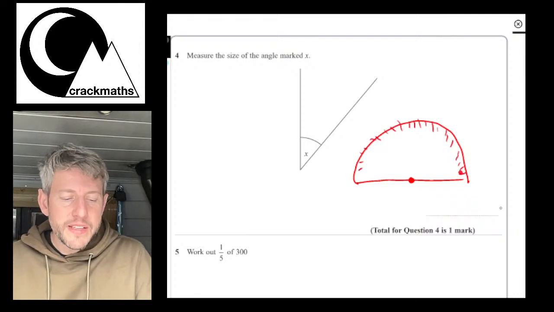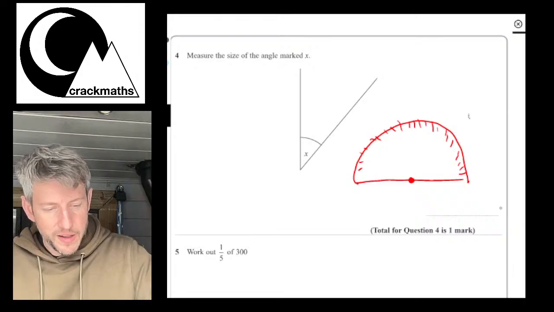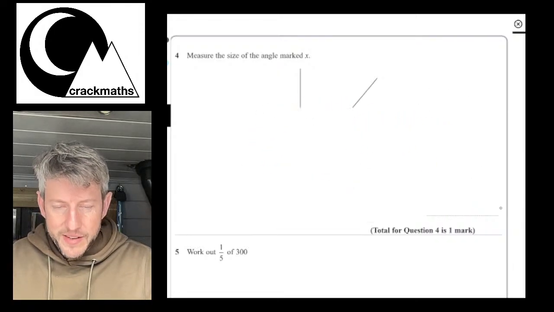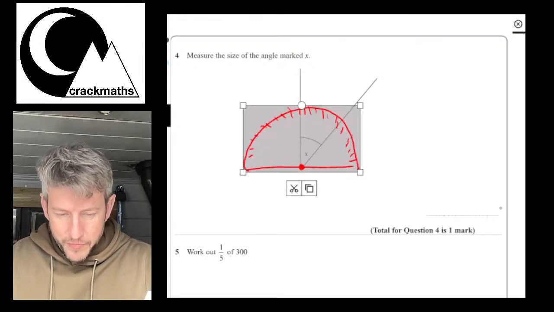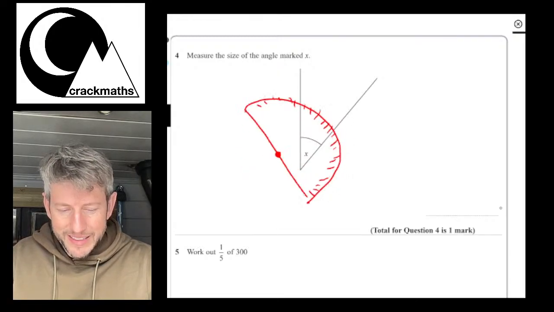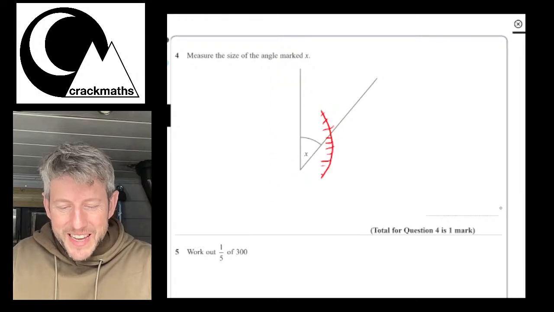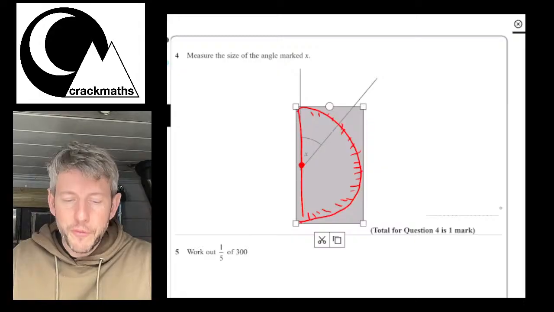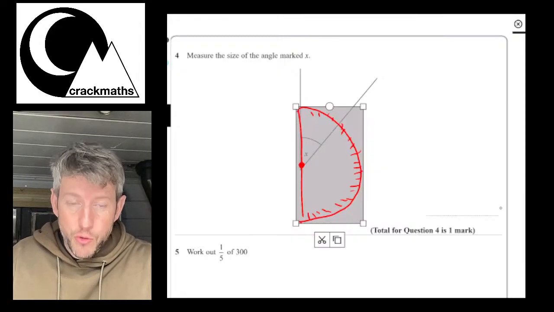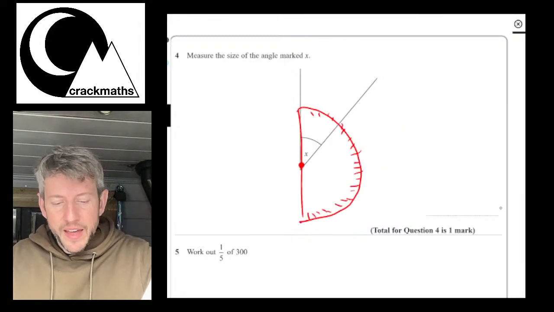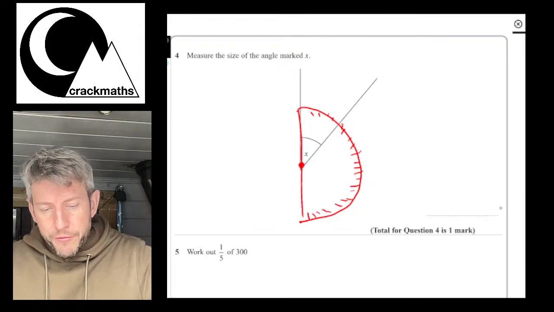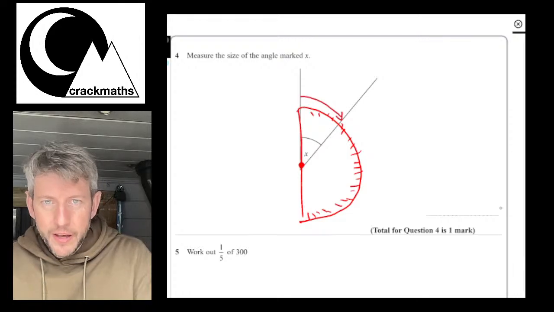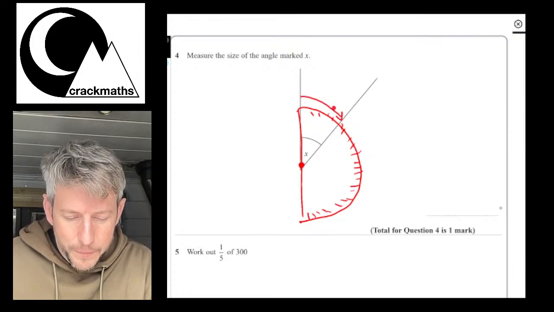What you do is you position your protractor with the dot at the centre, like this. And then we rotate it round so one of the lines matches up with one of the lines that has been drawn for you, and then you read from this direction round to here, and you look for this number.